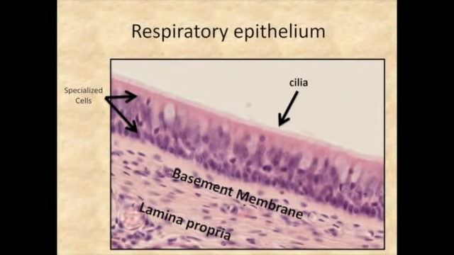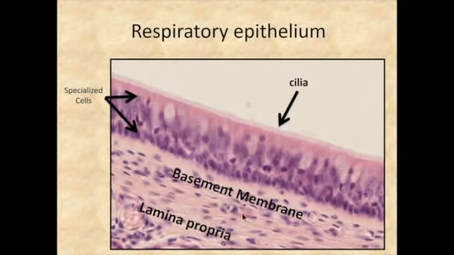In this picture here, you can see the respiratory epithelium. There are lots of nuclei in this epithelial sheet, and there are cilia here at the apical portion of the cells. Underneath the epithelial sheet is the basement membrane, and it's pretty prominent in the respiratory system.